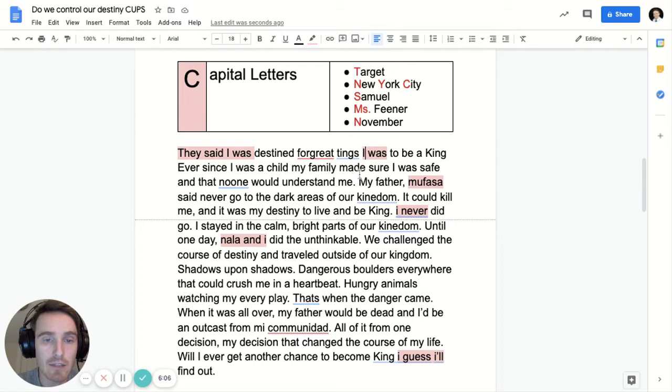Another thing. As you keep reading, my father Mufasa said. So Mufasa is a name. All right. So we're not going to use a lowercase letter here. We're going to change that to a capital letter.